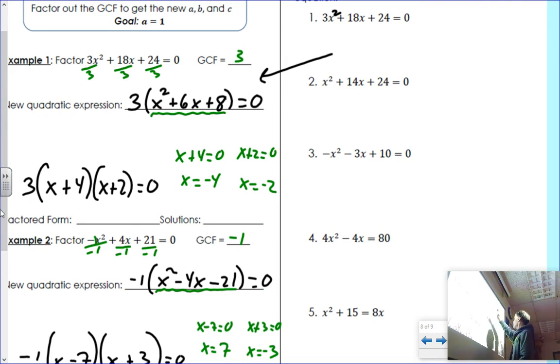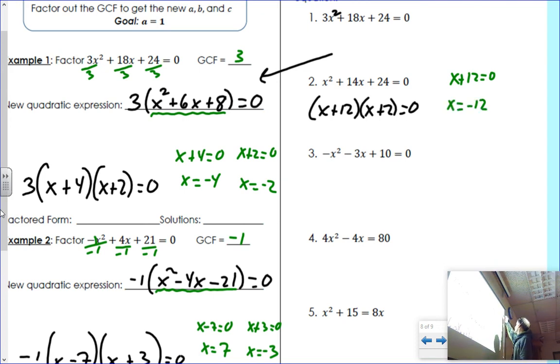For number 2, it's all set up, it's equal to 0, there's no GCF. So what multiplies to 24 and adds to 14? That's going to be 12 and 2. So that's your factored form. For your solutions, x equals negative 12 and x equals negative 2. For number 3, I do have a GCF.